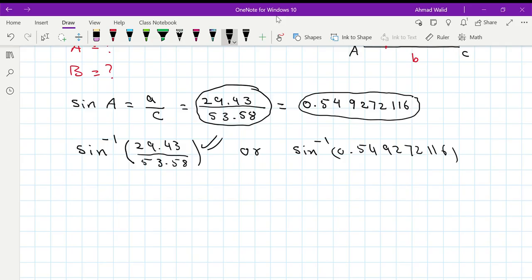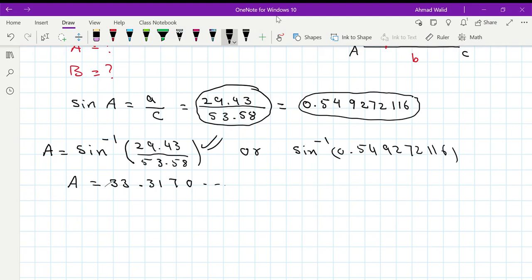Enter. It gives you 33.317. Your answer will be, if it's inverse sine, you can say A is equal to the inverse sine of this, correct? It means your angle A is equal to 33.3170.